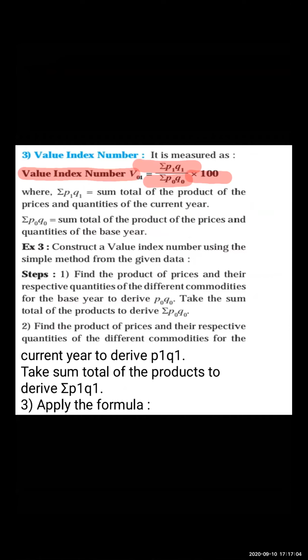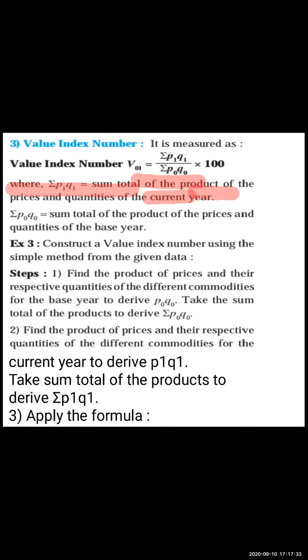Sigma P1 Q1, that is the total of current year's price and quantity, divided by the total of the product P0 Q0, into 100. I've written this formula. If yes, then write Y in the chat box.